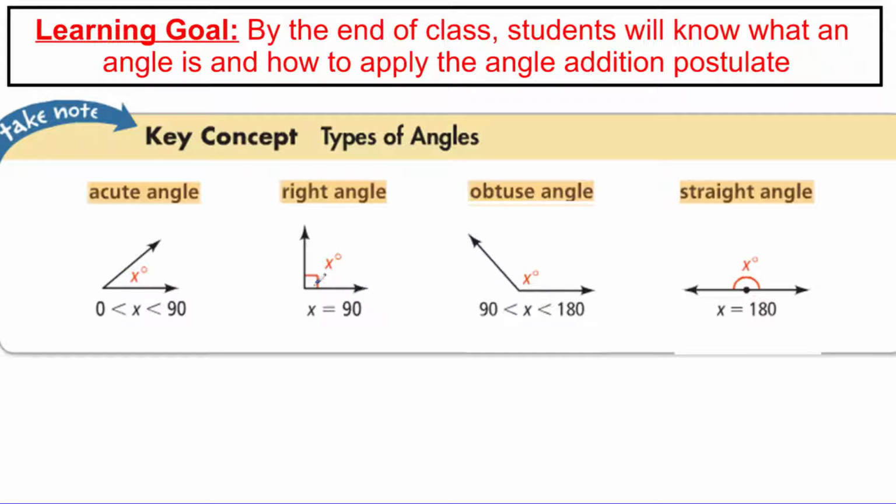If it's equal to exactly 90 degrees, we call it a right angle. If it's between 90 and 180, but not equal to 90 or 180, somewhere between those values, we call it obtuse. So again, we'll think about that as larger than 90 degrees. And then if it's exactly equal to 180, we call it a straight angle, and that's because if you notice, I get basically a straight line. When I pull it out all the way to 180 degrees, I end up with just a straight line, and so we call that a straight angle. Okay, so keep those in mind. We're going to be referring to those as we talk about angles.